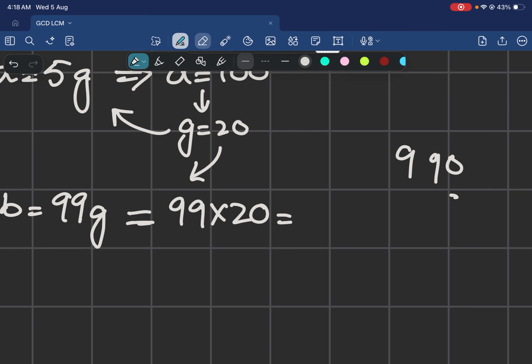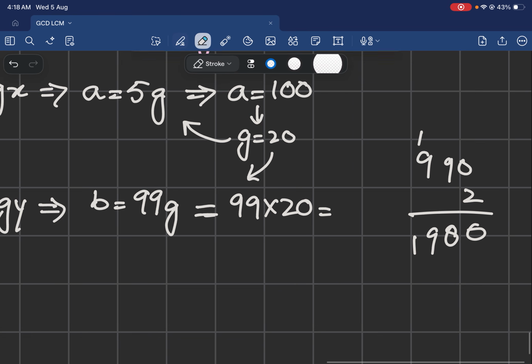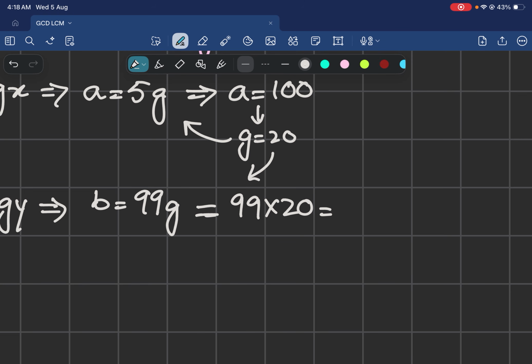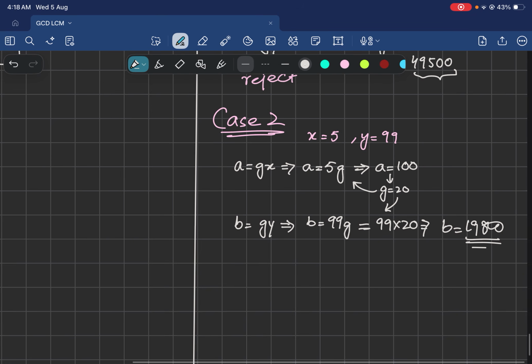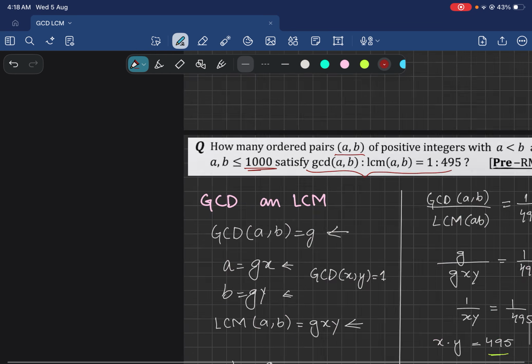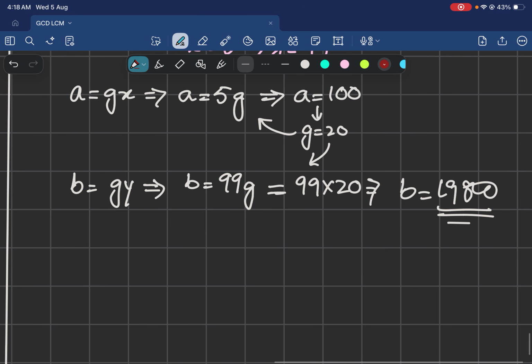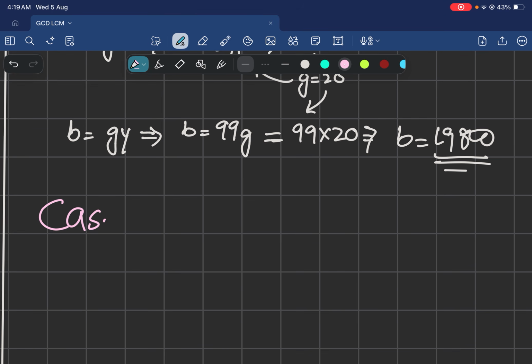If you multiply with 10 you get this, and if you multiply with that it exceeds, it is something like 1980, so it exceeds 1000. Therefore we will reject this case as well, because the question says the value must be less than 1000, and even in the minimum case it is exceeding 1000.